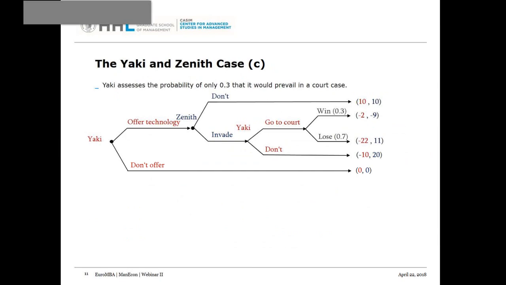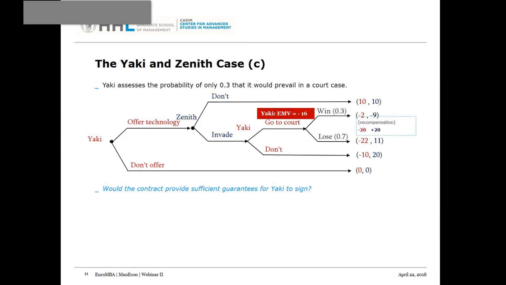What you see over here, now what is going to happen? This is a good question. First of all, we have to know the preferences. Yaki and Zenit will need to have a certain concept of what the opponent is maximizing. Assume that they are both risk neutral, so they are maximizing the expected monetary value. How is this game going to be played by Yaki if Zenit invades the market? Then it calculates the EMV.